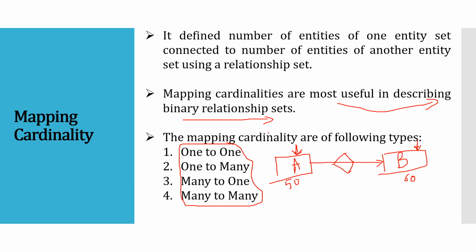What do you mean by mapping cardinality? It clearly states that the number of entities of one set is connected with the number of entities of the other entity set using some relation. Clear with this? Or any doubts?